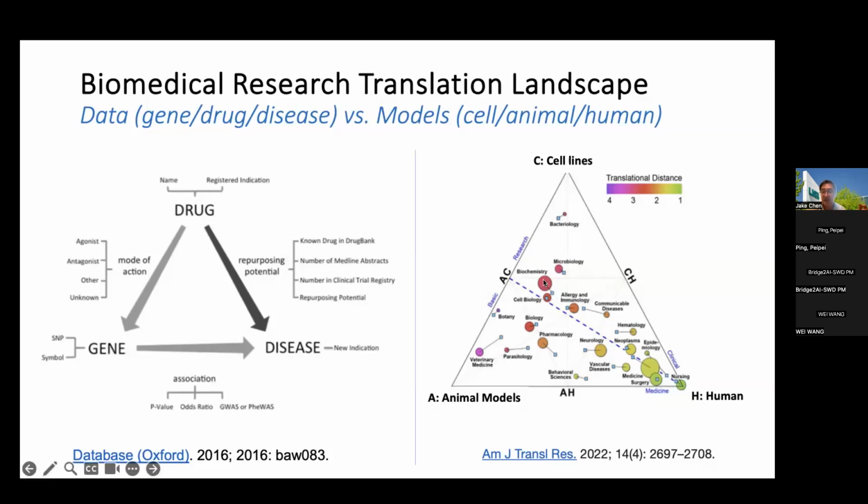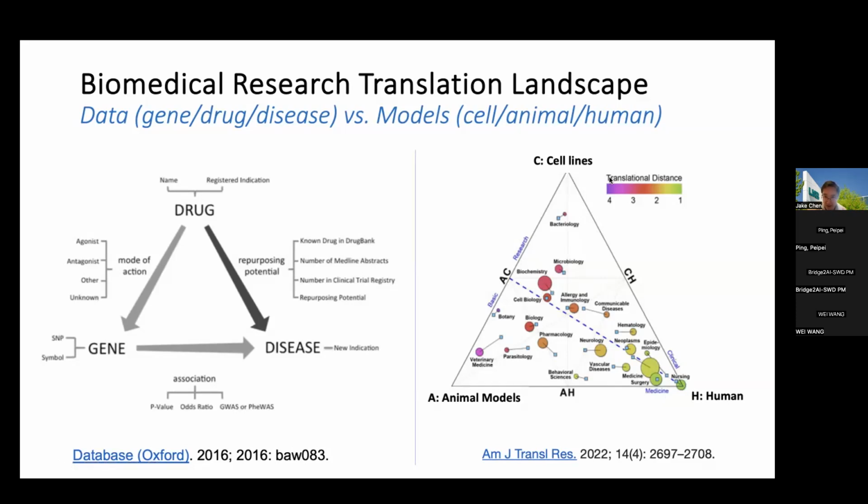The size of the dot indicates the subject domain, and there's an arrow pointing to the shift of a translational path of papers citing the domain and where they're actually coming from in just a triangle of this translational biomedical space.